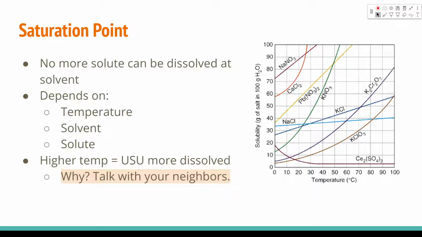Alrighty. So why does temperature usually increase solubility, or the ability for some of these solutes to dissolve more? As a reminder, temperature is related to kinetic energy. So if I am heating up that solvent, again, usually this is water, then I am giving the water molecules more kinetic energy. And since we have more kinetic energy, that means we have increased motion of the molecules.